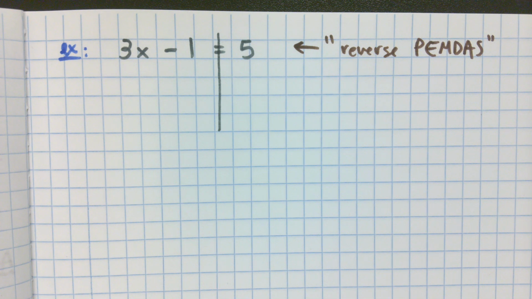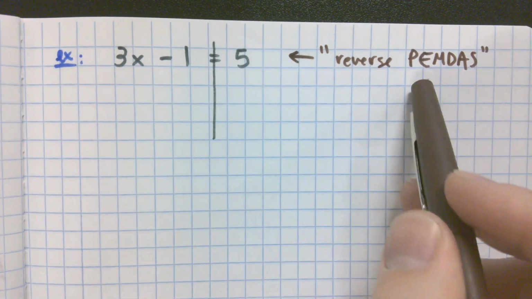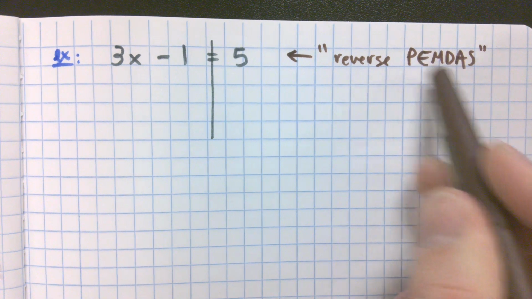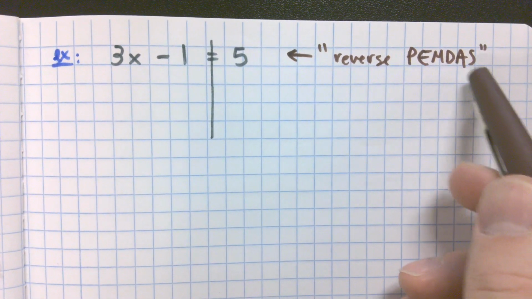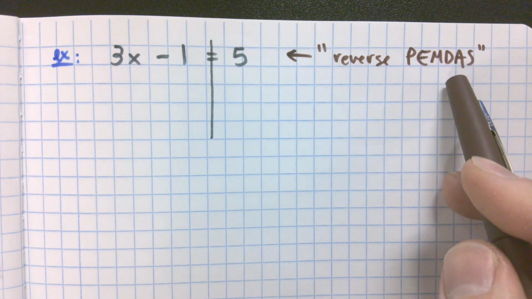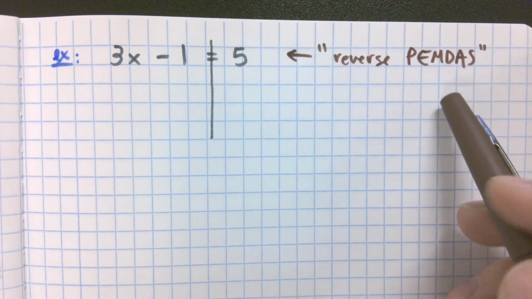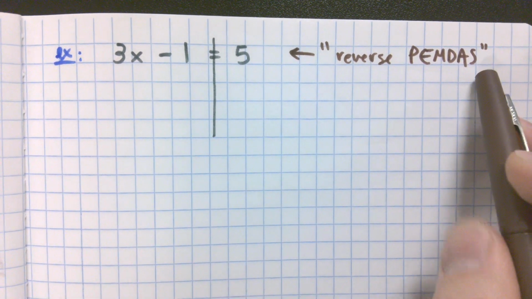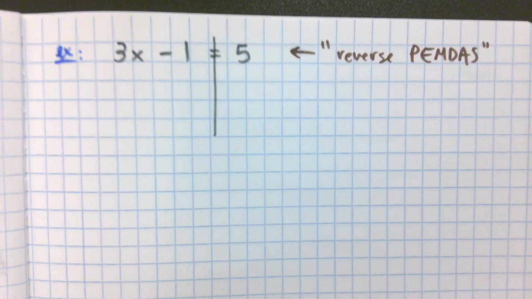What's the last thing? Adding and subtracting. So we're going to flip it around. It would be SADMEP. It's not as catchy as PEMDAS, but that's okay. We're going to worry about addition and subtraction first.